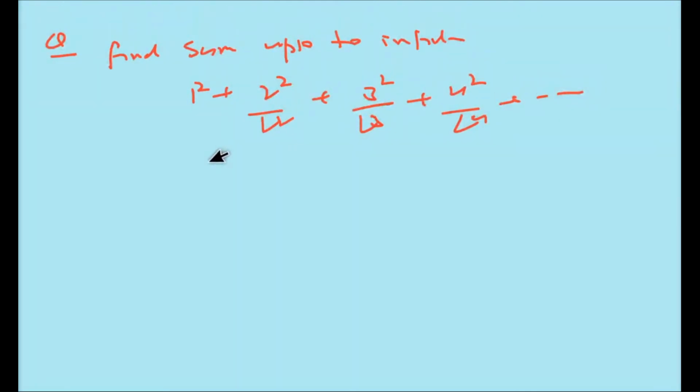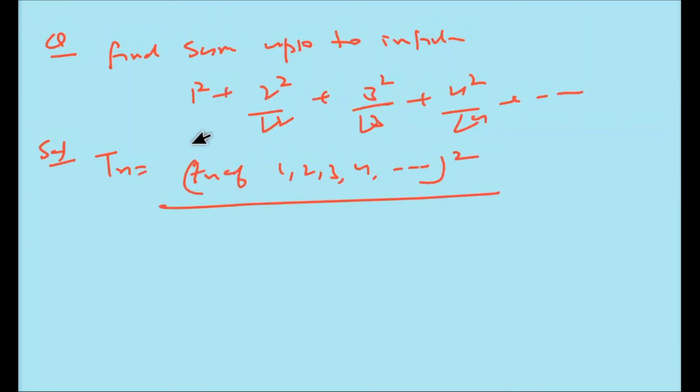In this type of question, first we find the nth term. Now you can see the nth term is the square of 1, 2, 3, 4, so Tn of 1, 2, 3, 4 and square, and upon it is factorial 1, factorial 2, factorial 3, factorial 4. We can write Tn of 1, 2, 3, 4 factorial, and this is AP.